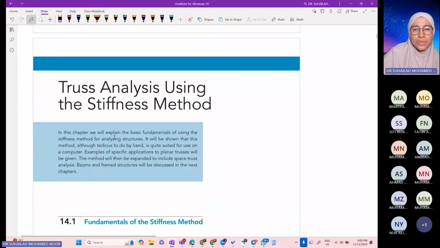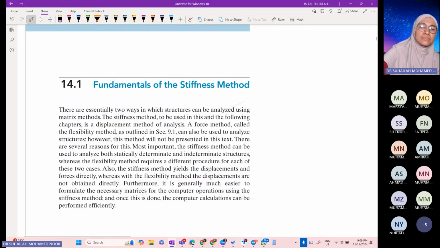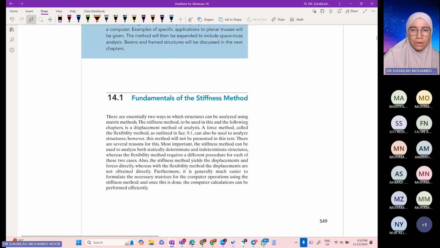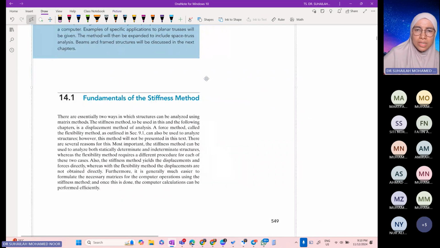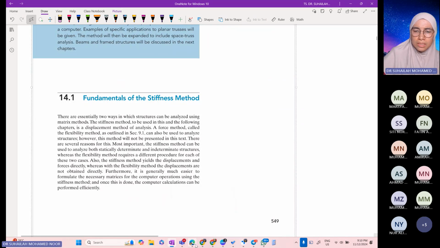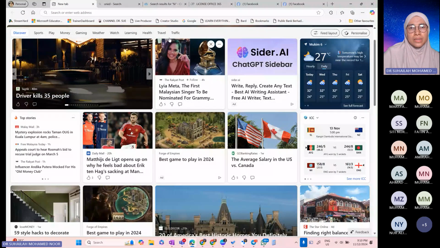We start with truss analysis using stiffness method. It highlights some important points, and for all these important points I will open ChatGPT to elaborate.